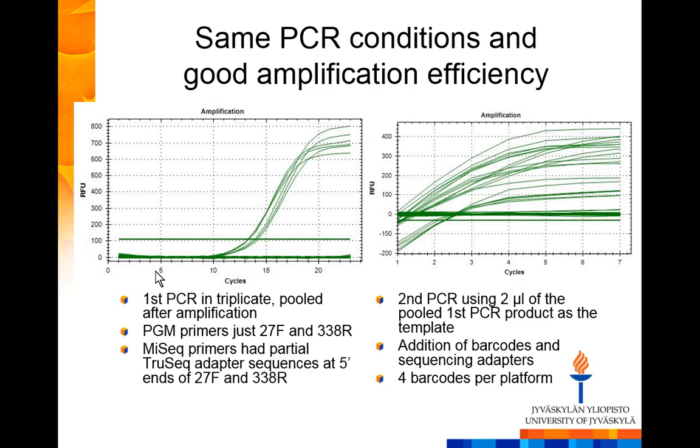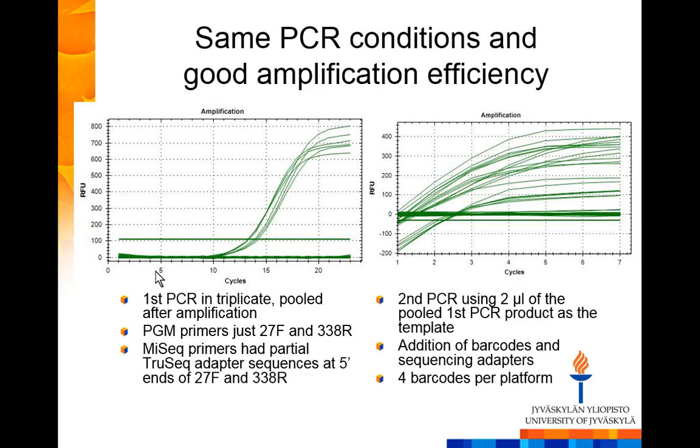Actually, it would have been ideal to stop it even here at 20 cycles, but yeah, I had some issues. But still, you see that the PCR hasn't been at plateau for a very long time. Also here, you could have stopped it at the beginning of the plateau.